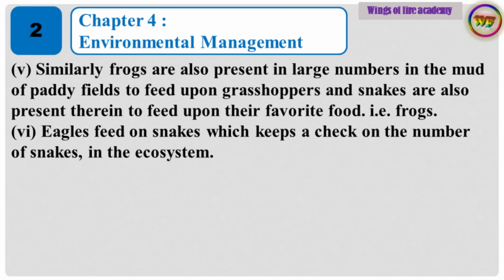Similarly, frogs are also present in large numbers in the mud of paddy fields to feed upon grasshoppers, and snakes are also present there to feed upon their favorite food, in other words, frogs. Point 6. Eagles feed on snakes, which keeps a check on the number of snakes in the ecosystem.